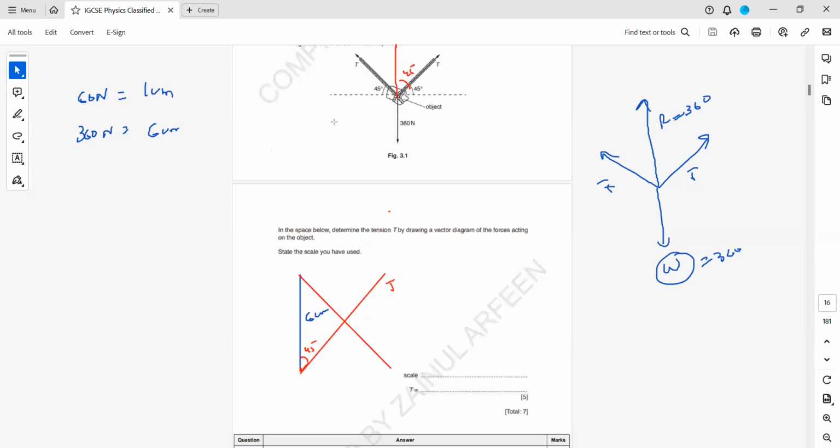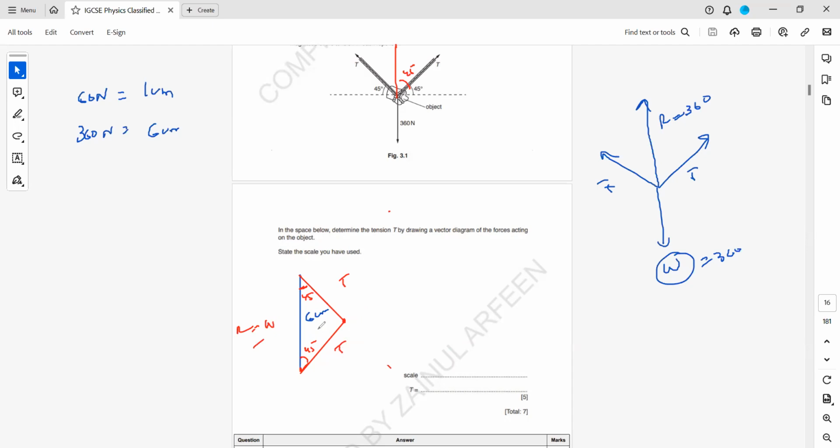These two tensions will intersect, and we'll erase the other part. So this one is T, this one is also T, and this is W, or you can say the resultant of the two.